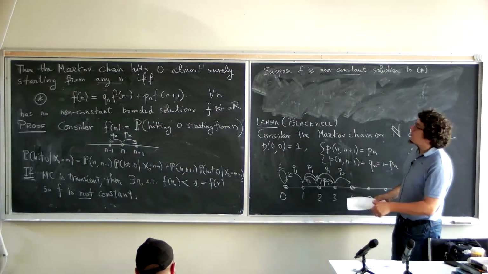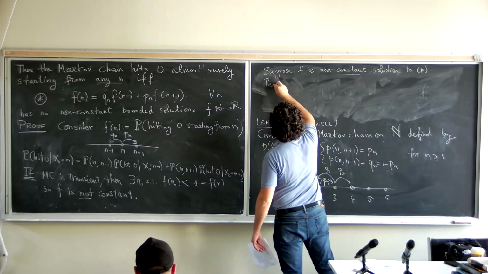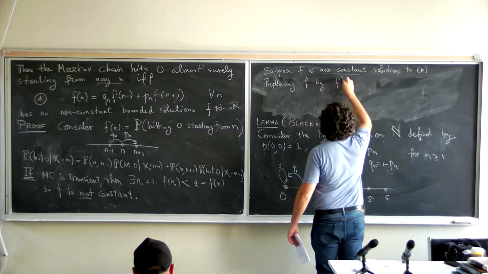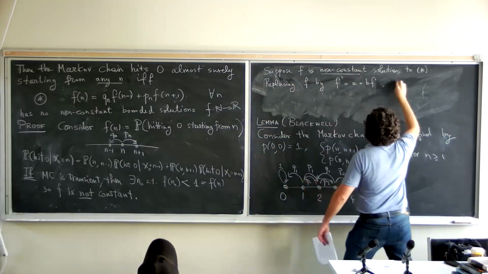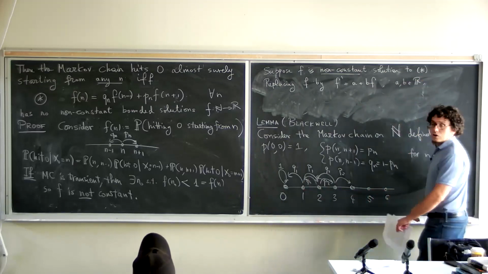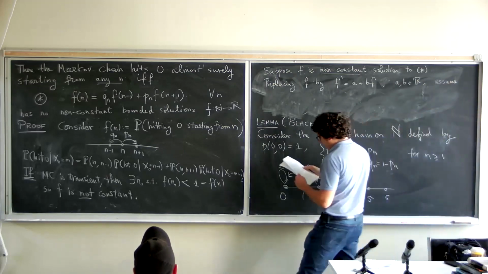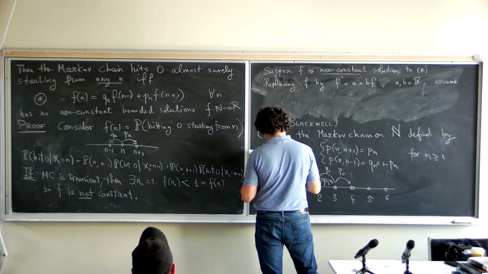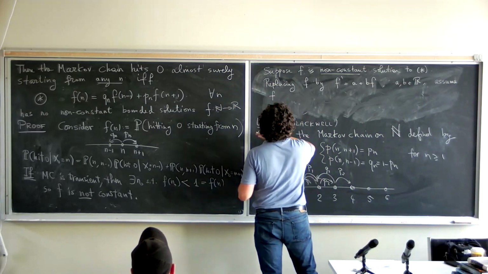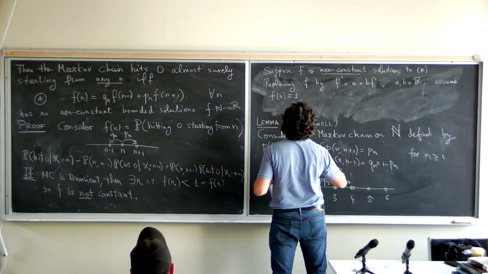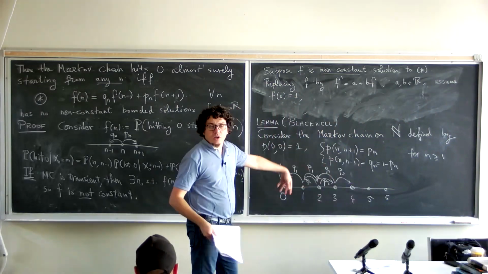So replacing f by f prime, which would be a plus bf, where a and b are real numbers, we can assume that f of 0 is 1, which is good for this interpretation.